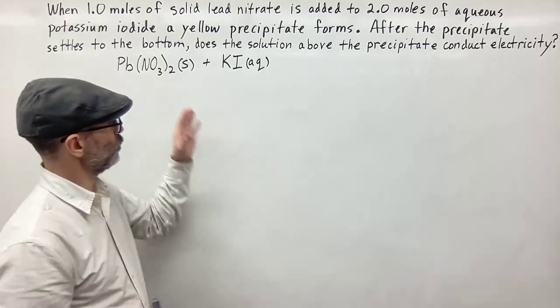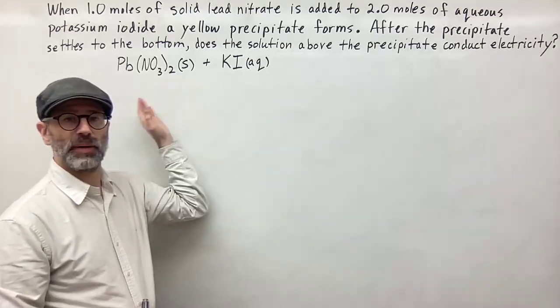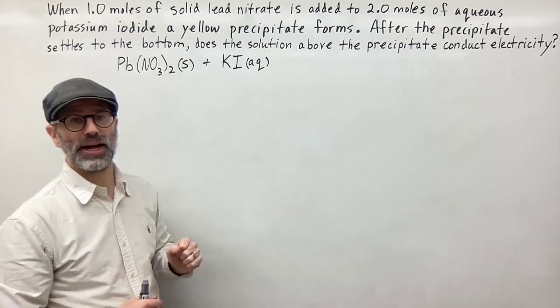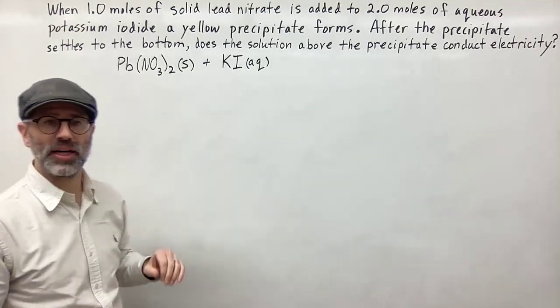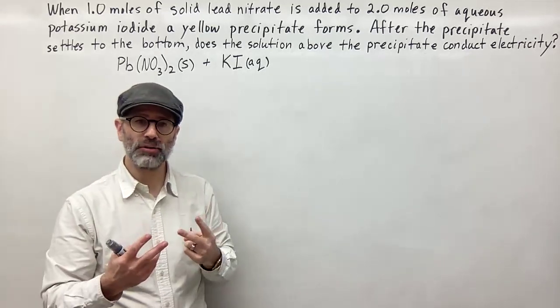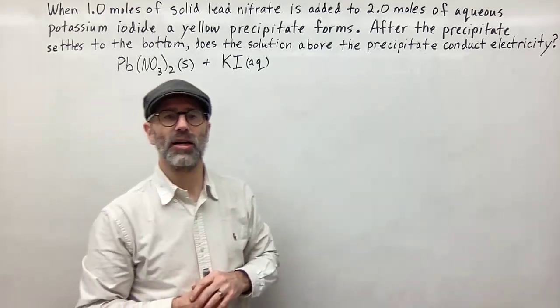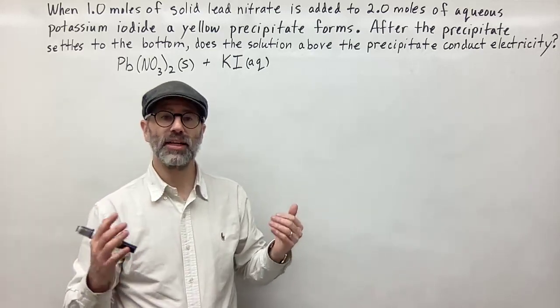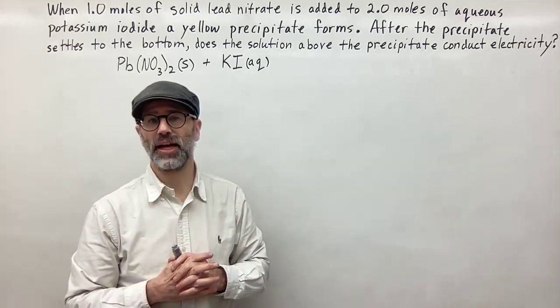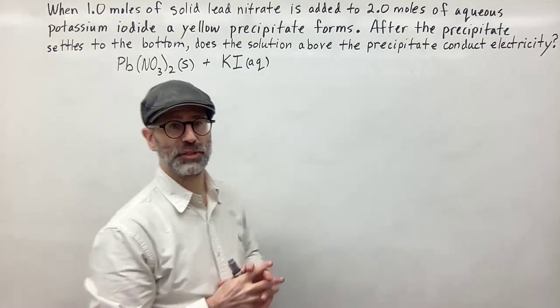One of the things you should know right away is you should be able to determine what type of reaction this is. We have an ionic compound here, an ionic compound here. If you have two compounds, especially if they are ionic, as reactants, then that's a dead giveaway that you have a double displacement reaction.